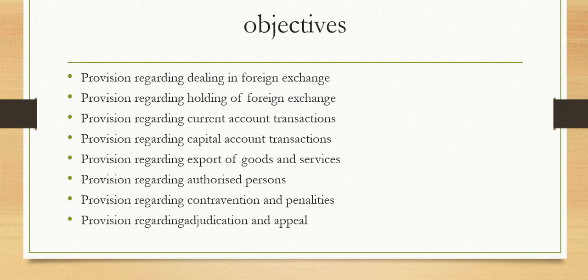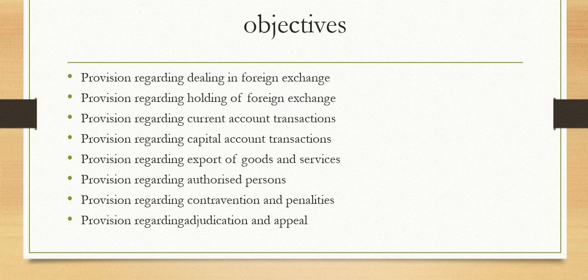According to this Act, except with the general or special permission of the Reserve Bank of India, no person can deal in, transfer or make payment in foreign currencies. The second one, provision regarding holding of foreign exchange. According to section 4, no person in India shall acquire, hold, own, possess or transfer any foreign exchange, foreign security or any immovable property situated outside India, except as per provisions of the Act.